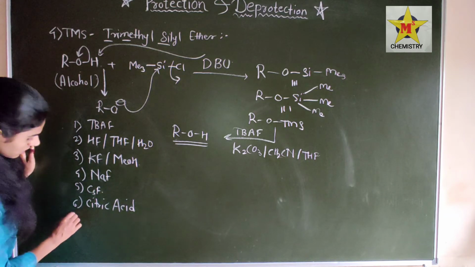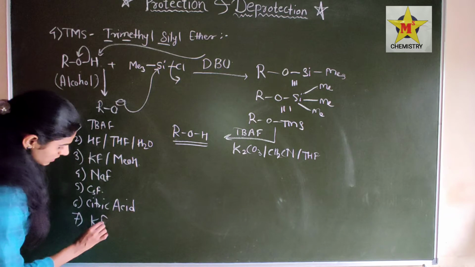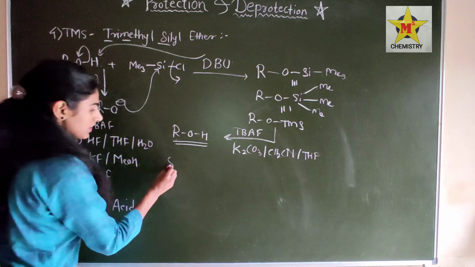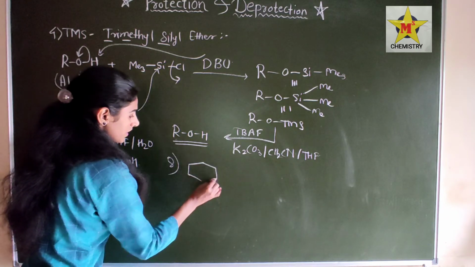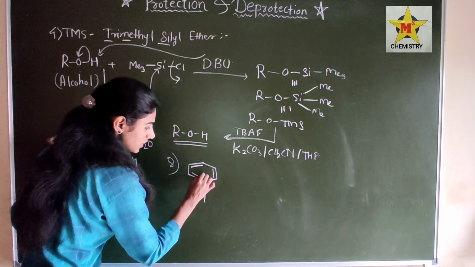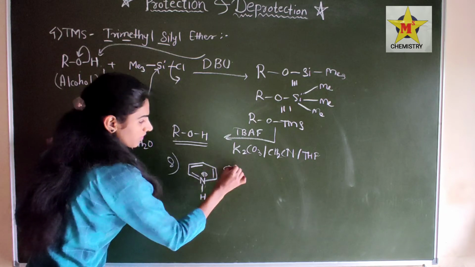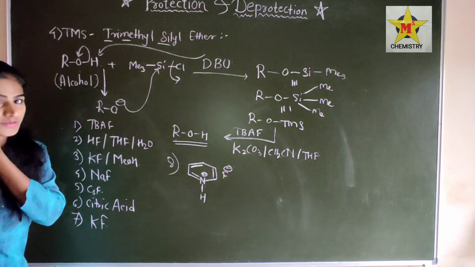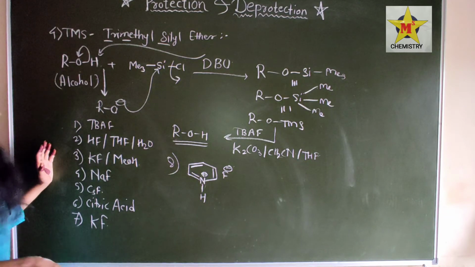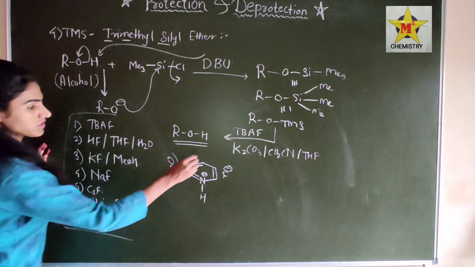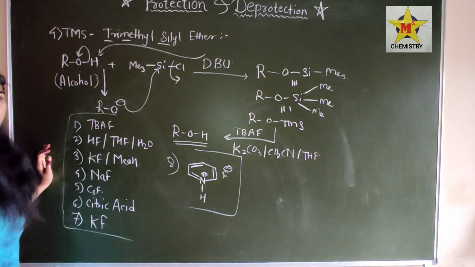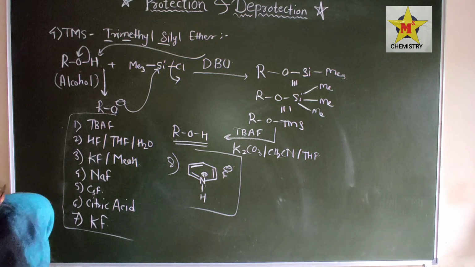These are the salts which we use to deprotect any silyl ether. And one more is there, like a pyridine ring, this nitrogen having a positive charge, and fluoride. Okay, in this way, these 8 or more groups we can use for deprotection of any silyl ether. Okay, so this is our fourth, TMS protection.